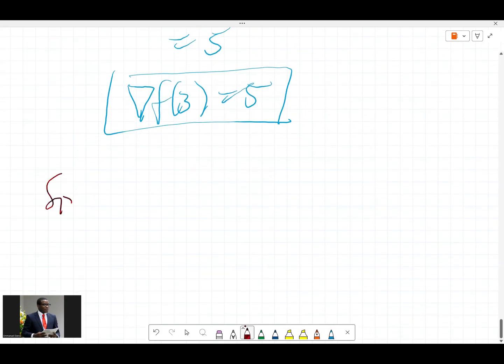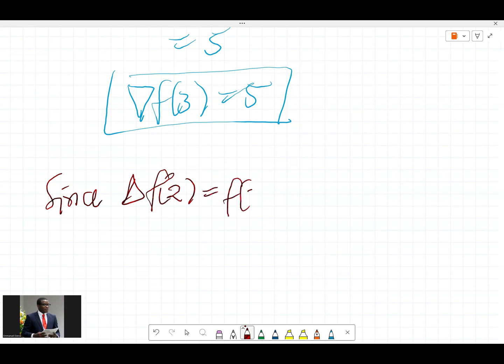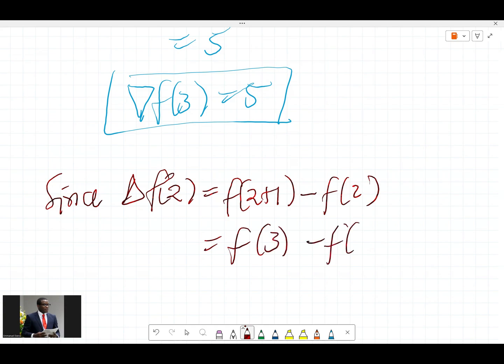So we see that in the case of the forward difference of f of 2, that'll be f of 2 plus 1, because 1 is h, right? Minus f of 2 itself. So that is f of 3 minus f of 2.